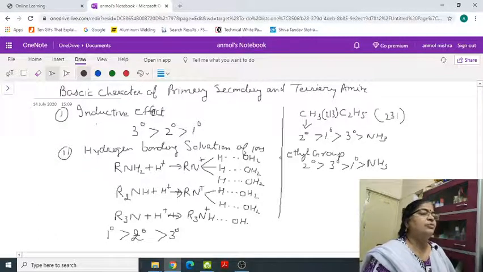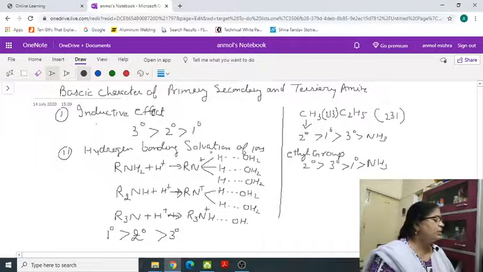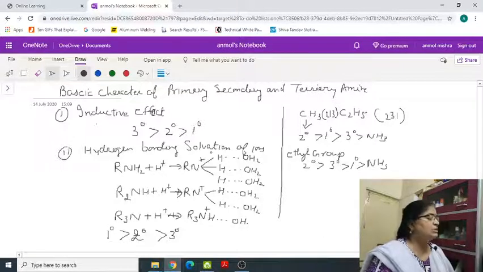So order of basicity, three factors: inductive effect with increase in the number of alkyl groups. The nature of alkyl group is electron releasing group. It pushes the electron towards nitrogen and makes the unshared pair of electrons more available for sharing with the proton of the acid. Therefore, the order is tertiary, secondary, primary. In the case of solvation of ion, the order just gets reversed, that is primary, secondary and tertiary.